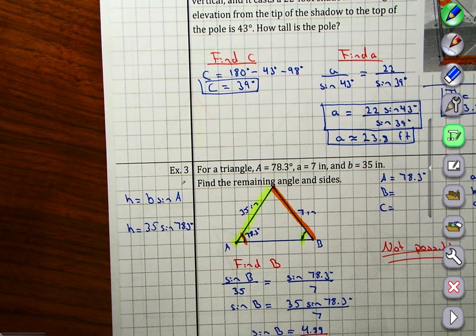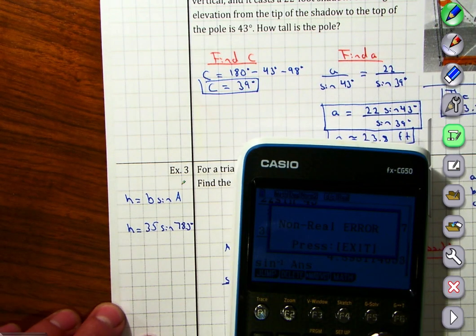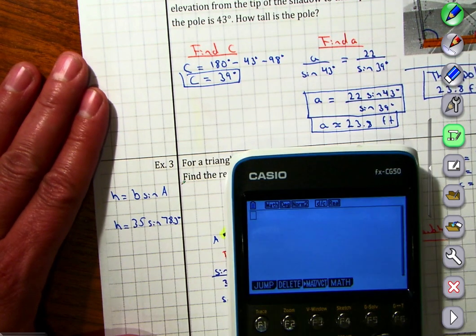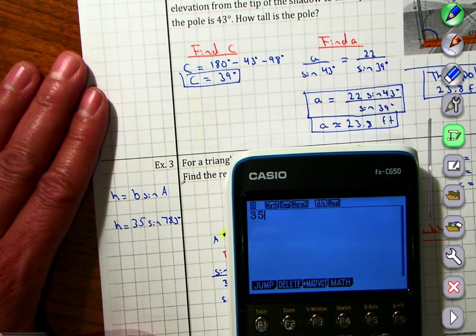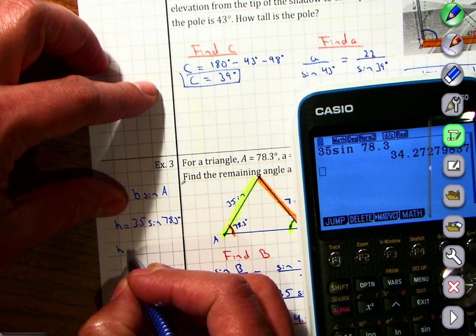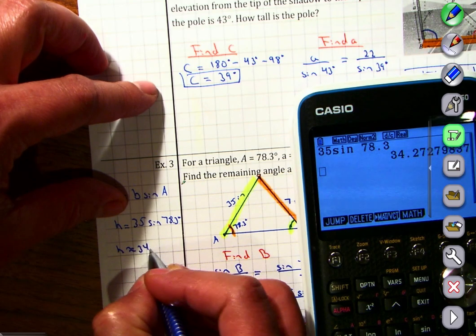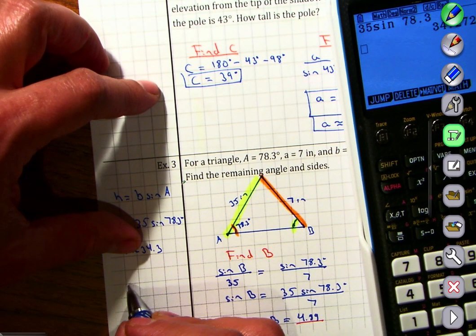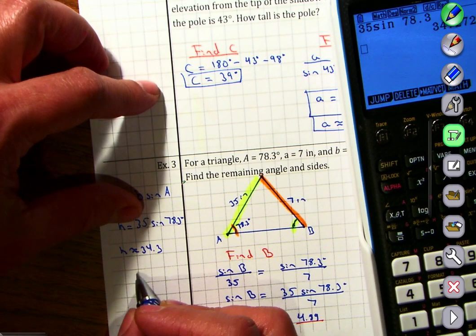I'm going to type it into the calculator. That gives me H is approximately 34.3. In this case, A is 7.